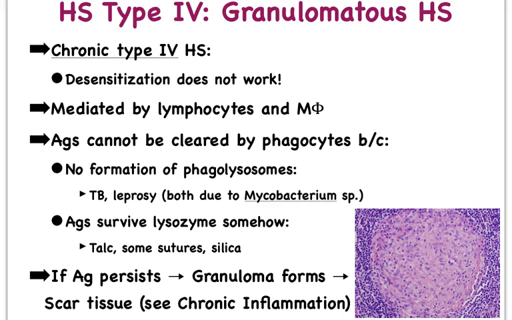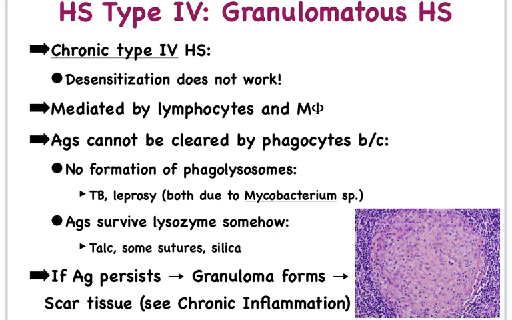We discussed them before in chronic inflammation. So this is essentially a form of chronic inflammation that is also a type 4 hypersensitivity. This is now mediated again by macrophages and also lymphocytes.